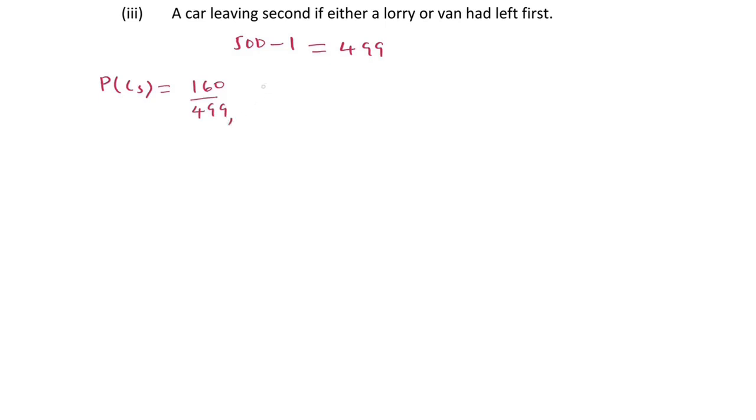And we have seen that the probability of a lorry leaving first is 210 over 500, and the probability of a van leaving first equals 130 over 500.